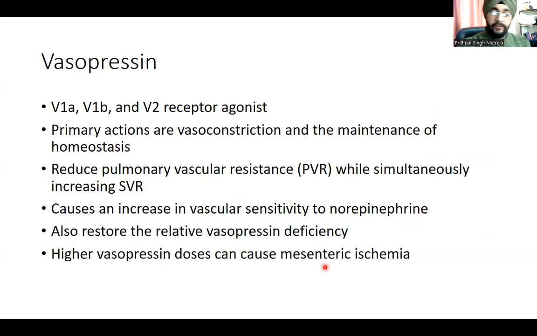So conventionally, vasopressin is combined with norepinephrine if a patient is not responding to norepinephrine for a rise in mean arterial pressure. So sometimes vasopressin is also combined as one of the mainstays of therapy to increase the mean arterial pressure in these patients.